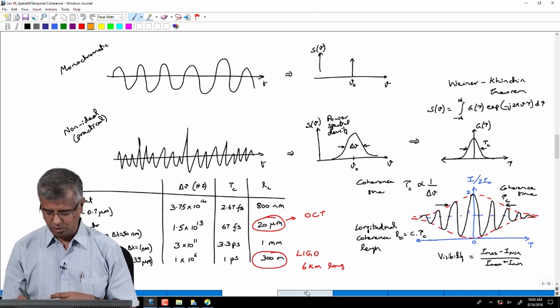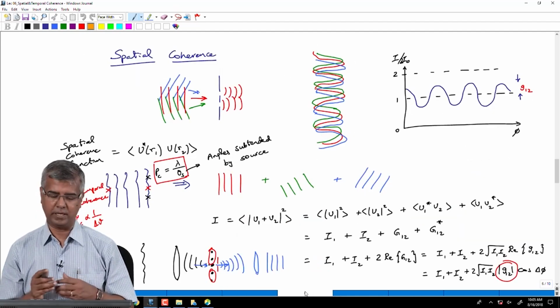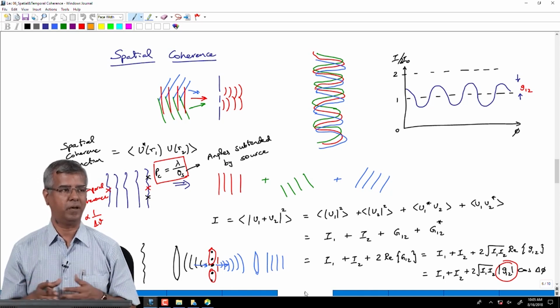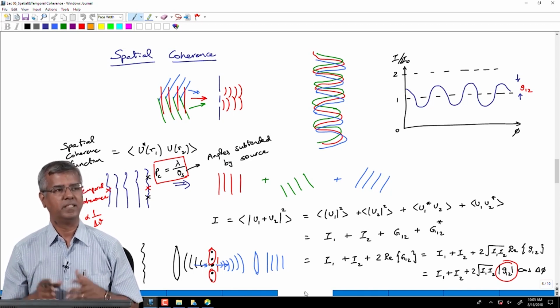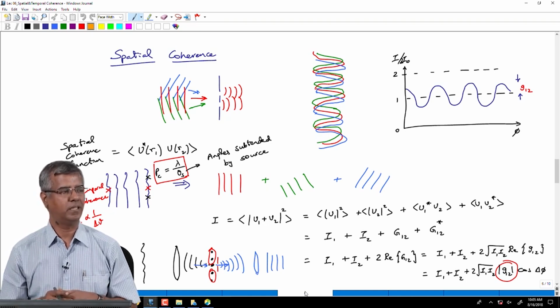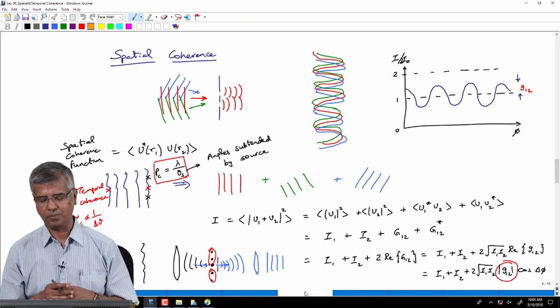And you also looked at spatial coherence, which essentially says that your light wave is not going to be a plane electromagnetic wave at all times, right. So, there is no such thing as a perfect plane wave in practical sources.